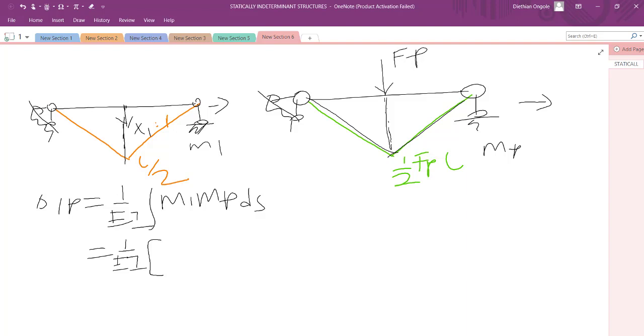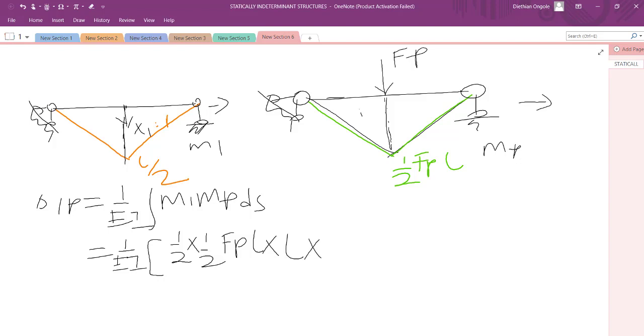So this would be the area from this one here. This would be a half times the base, a half FPL, then times the height, which is L, then times our y.